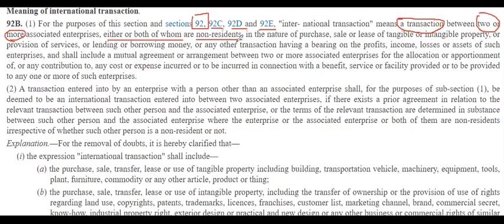That means one or both of the associated enterprises has to be non-resident.